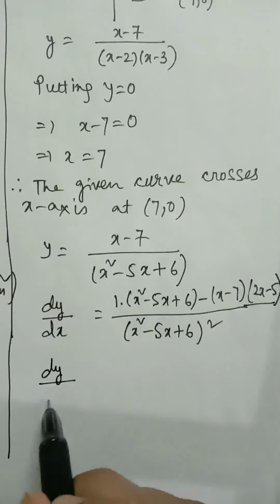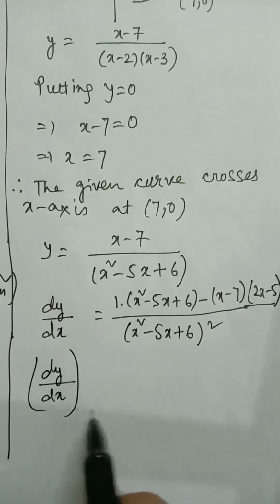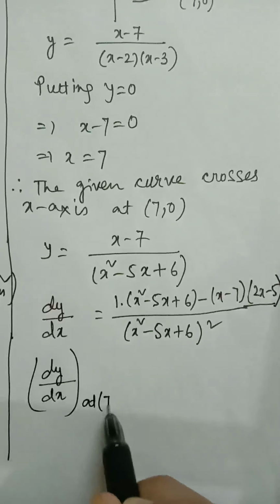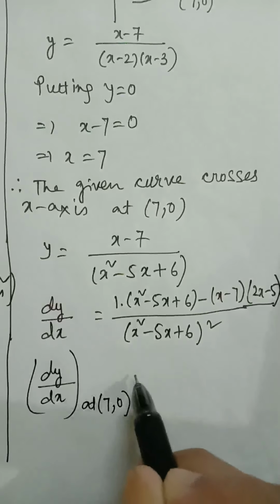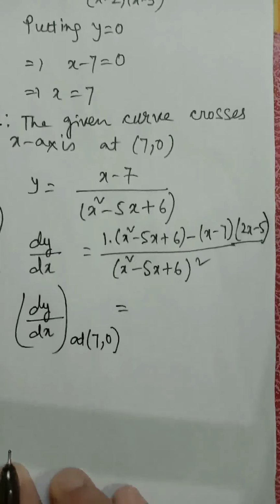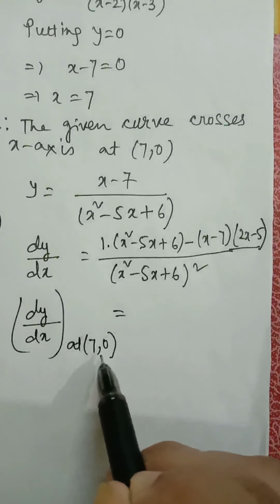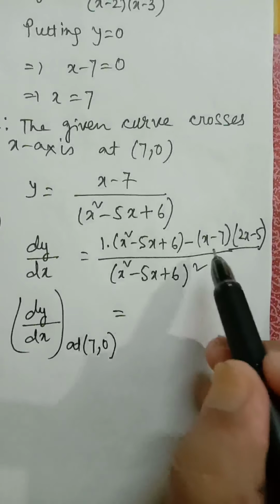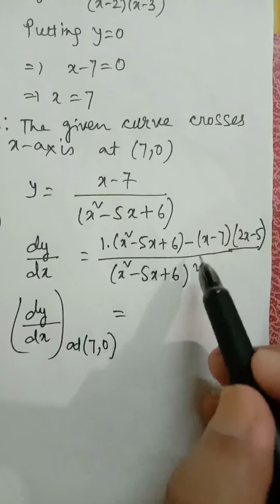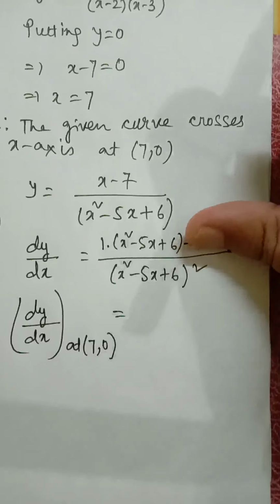Now we have to find dy by dx at the point (7, 0). As we have to find the equation of tangent and normal at the point (7, 0), we have to find dy by dx there. Now if we put x equal to 7 and y equal to 0, the value of this will be 0, since 7 minus 7 is 0.